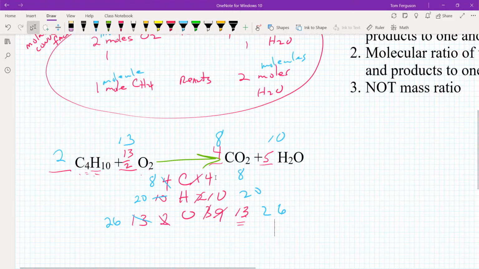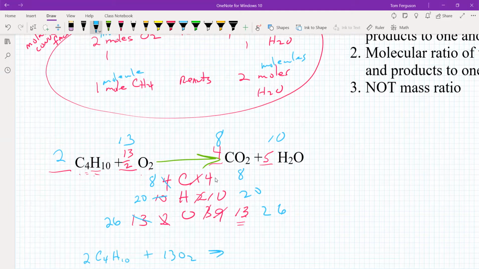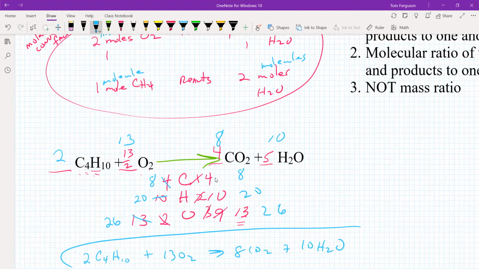So our balanced equation is that. That's the balanced equation. No fractions.